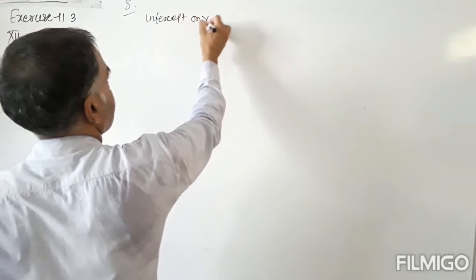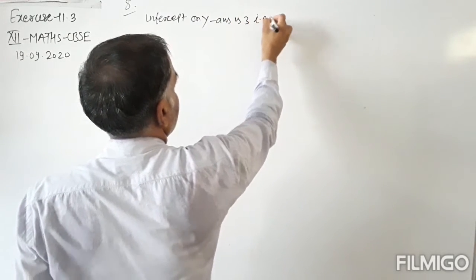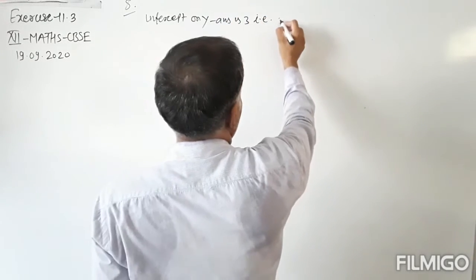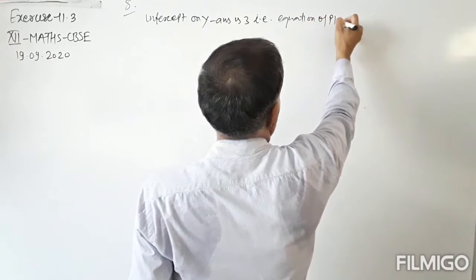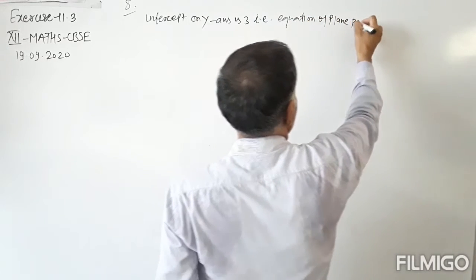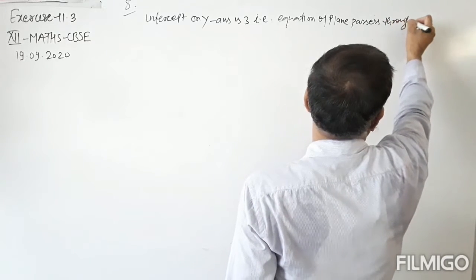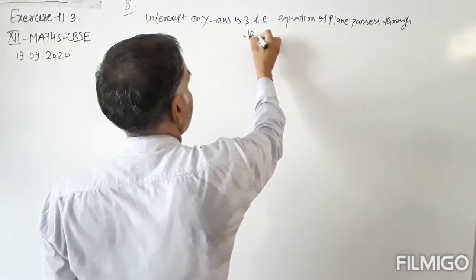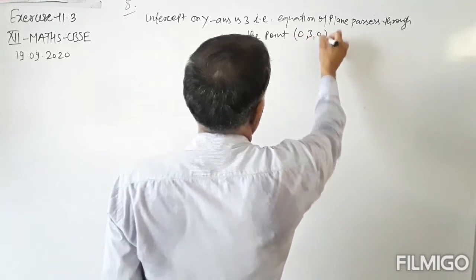Intercept on the y-axis is 3. What does it mean? It means that the plane passes through the point (0, 3, 0).